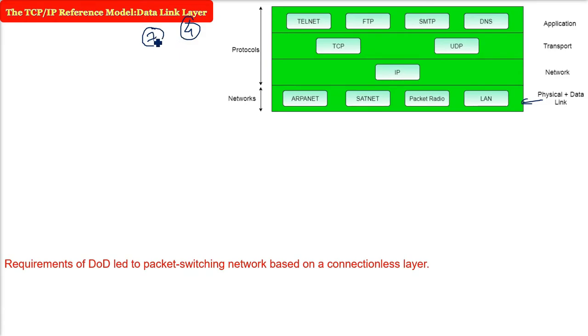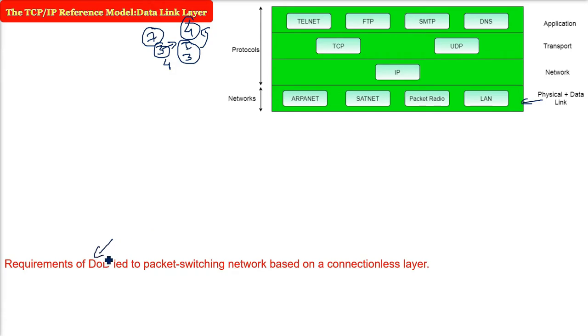So if you compute it, it will be 4 layers, because 3 layers have been combined. I hope you got the idea. 7 layers in the ISO OSI reference model, TCP/IP has 4, because the 3 uppermost layers of ISO OSI have been combined.